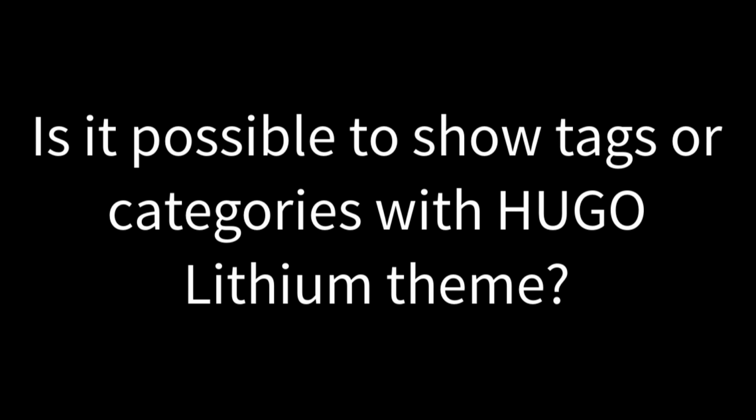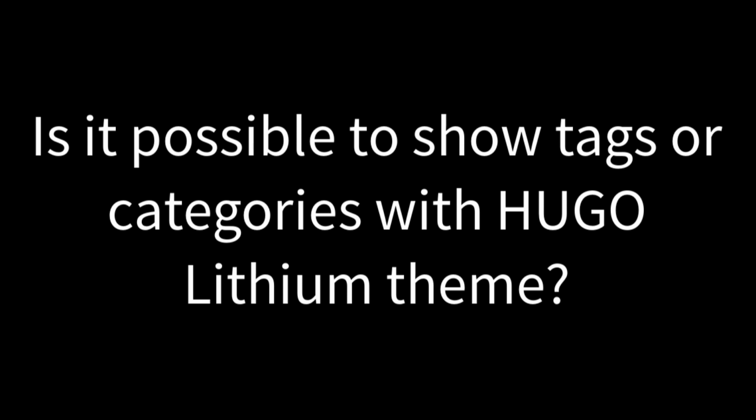Okay, so is it possible to show tags or categories with the Hugo Lithium theme? And the answer is yeah, of course, it is possible. Currently my personal preference is that I don't want to use tags or categories, but I know most people will use them.